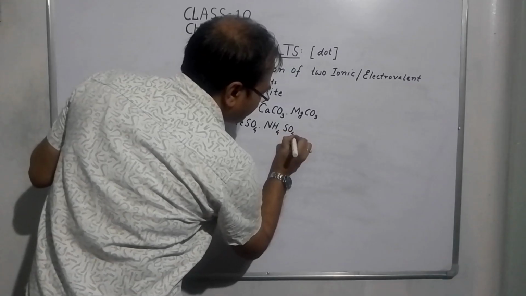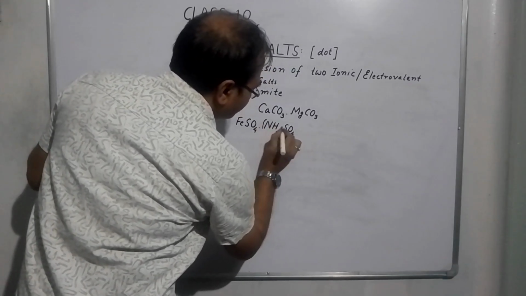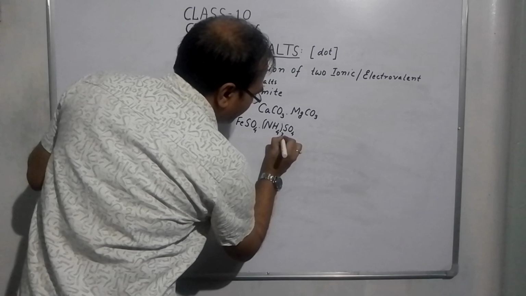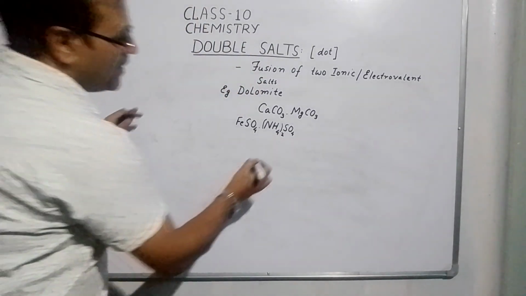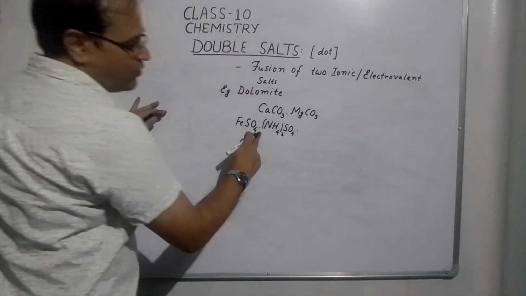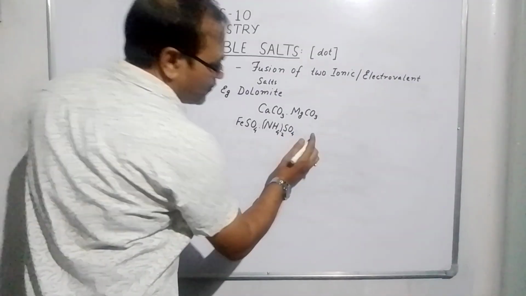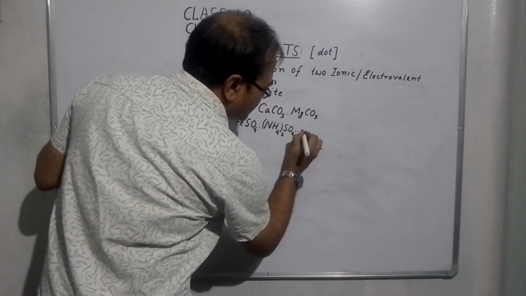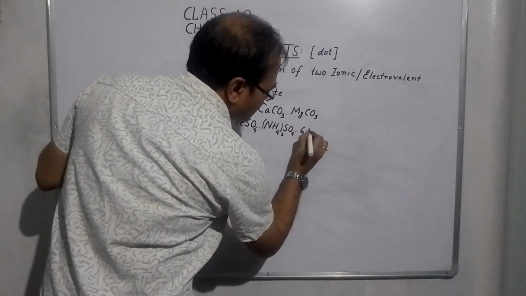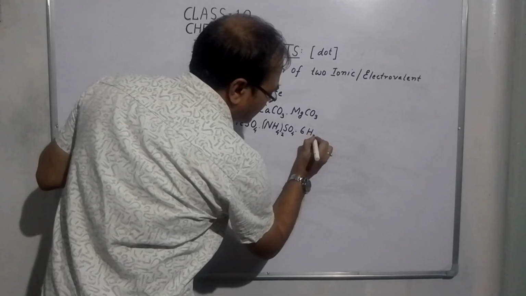As you know, the sulfate has a valency of 2, so that will be cross multiplied. And dot, you see here dot. Then again the dot will come because of the water of crystallization, which means 6 molecules of water.